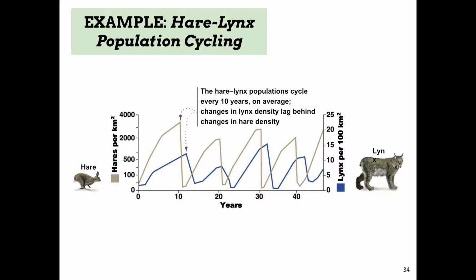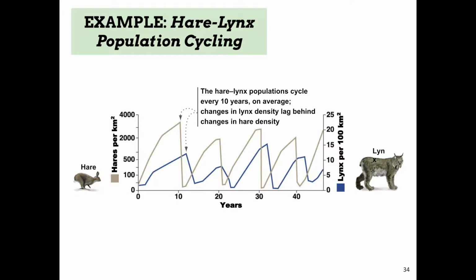And in this example, we will see how a classic case of population cycling, which involves 2 species, the snowshoe hare and the lynx in northern Canada, has changed over time.